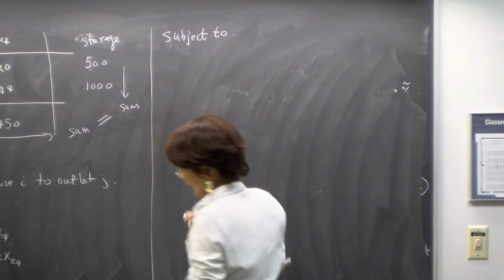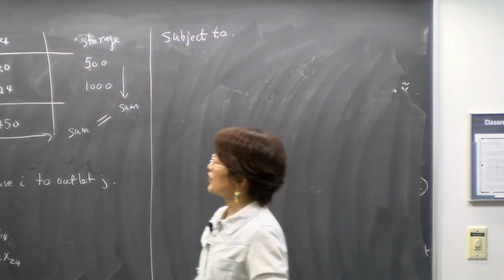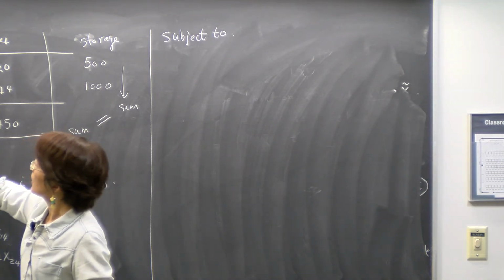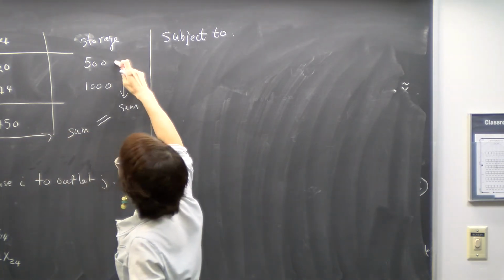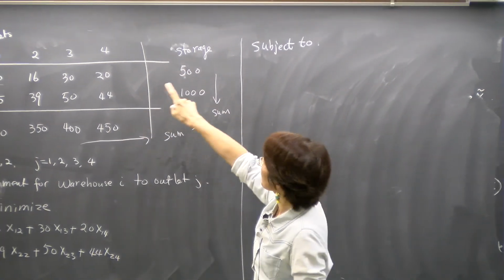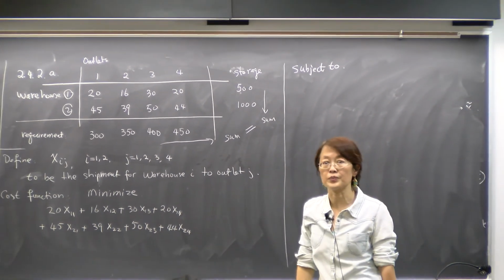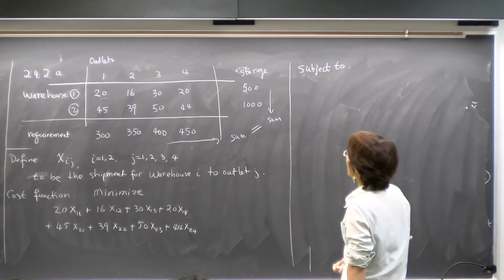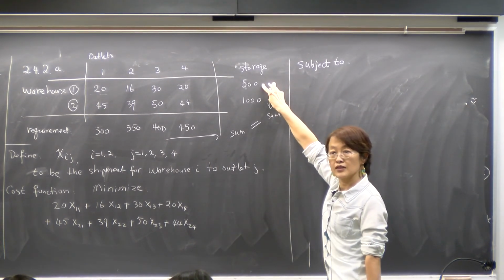Subject to. So the constraints would come from two things. One is from the warehouse. Okay, sorry. From the warehouse, I have only 500 in warehouse 1. I cannot ship more than that, and they have to be exactly all shipped. Is that right? So how many will be shipped out of warehouse 1?